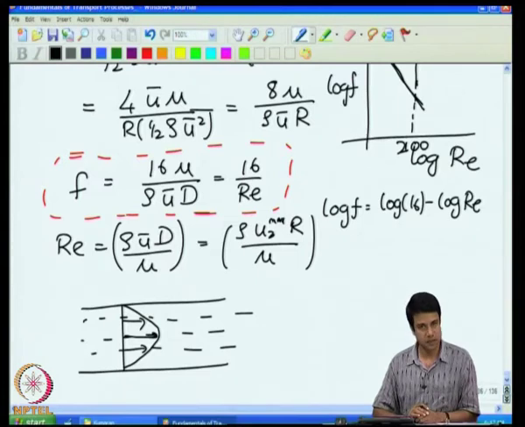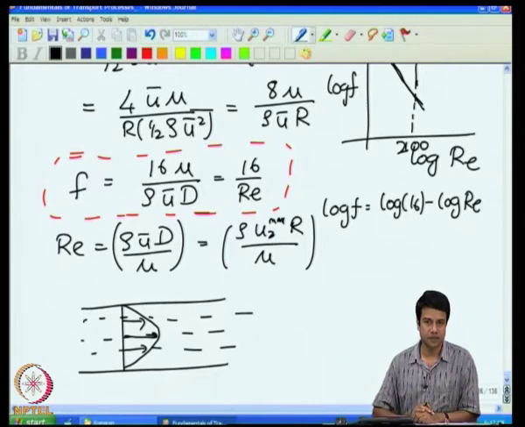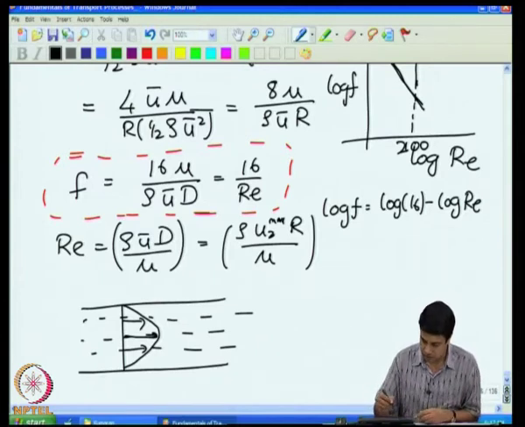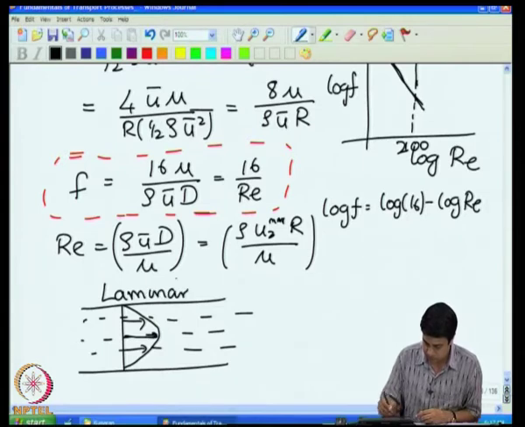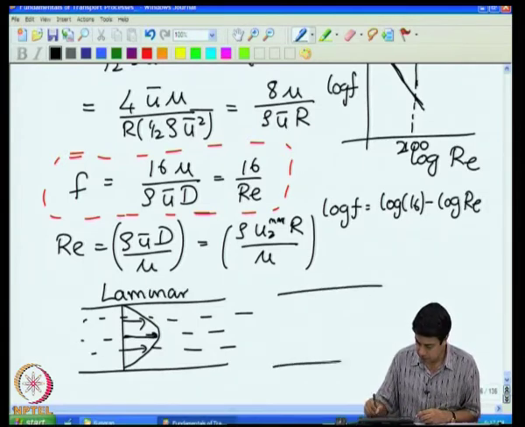For Reynolds number less than 2100, it is a solution of the equations. For Reynolds numbers higher than 2100, it is still a solution of the equations. However, approximately at a Reynolds number around 2100, this solution becomes unstable and the system spontaneously goes to another solution. This is a laminar solution, and this other solution is called a turbulent solution.